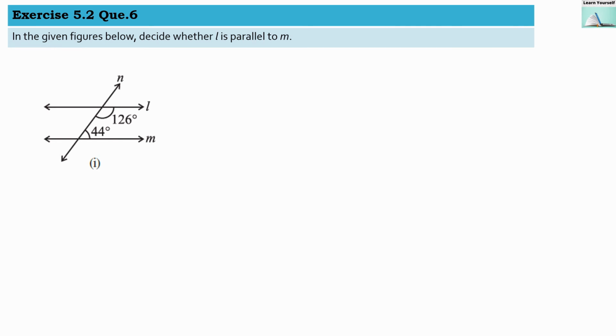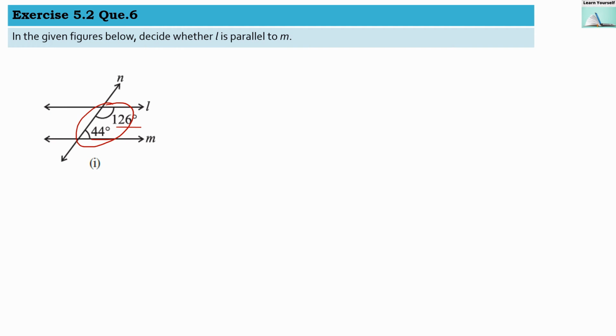Exercise 5.2, question number 6. In the given figures below, decide whether L is parallel to M or not. So we have to decide as per the angle properties. Now as you can see here, this first angle is 126 degrees and this second angle is 44 degrees. These two angles are interior angles on the same side of the transversal.